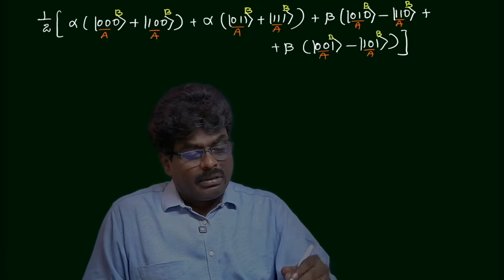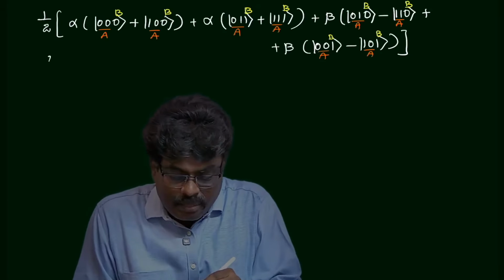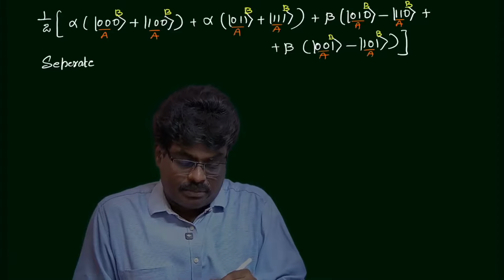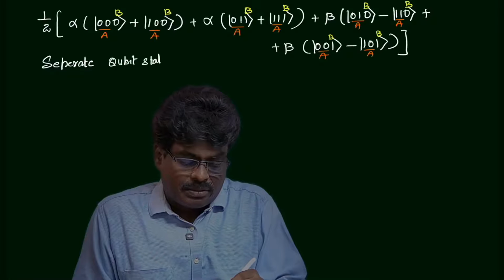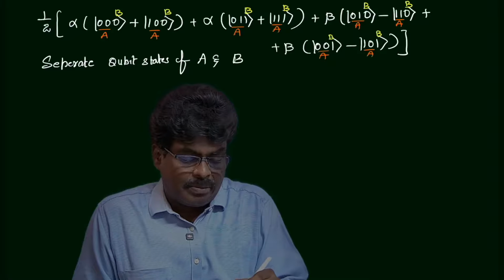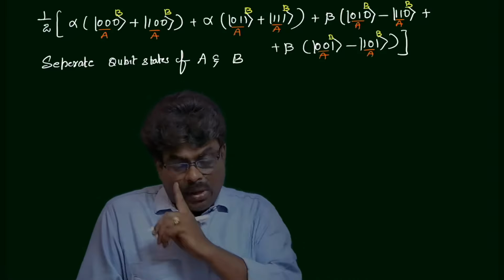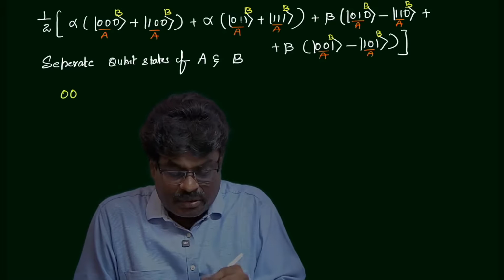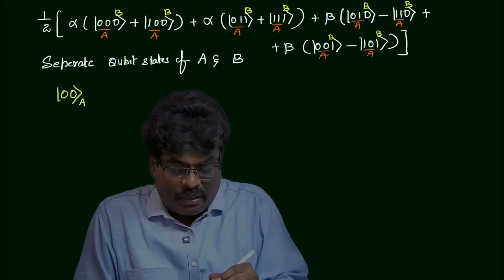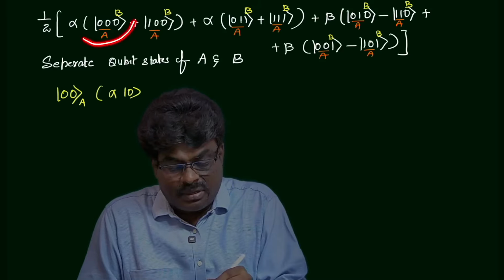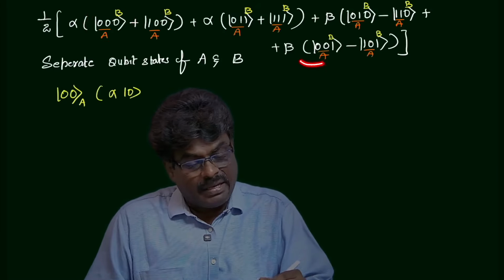Now let us separate the qubit states of A and B. Okay, so now I am taking the first two qubits of A, that is 0 0. These belong to A, and the remaining alpha 0, please carefully observe this one, and similarly here this one.